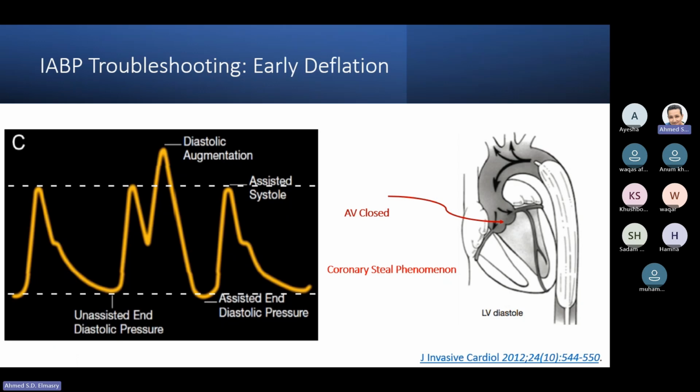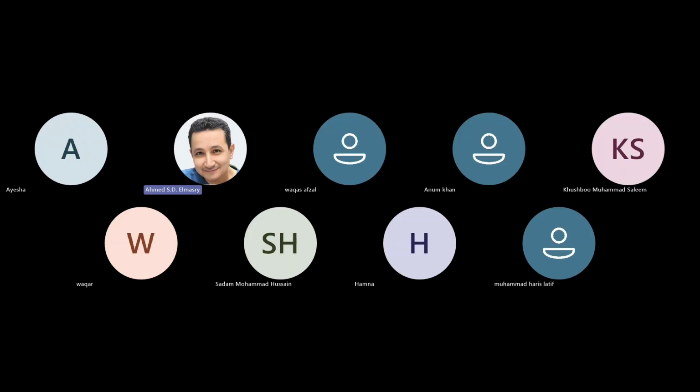Any further questions? Vakar, I think, has raised the hand. Maybe he has a question. I don't see because I am showing the slides. Where is he?